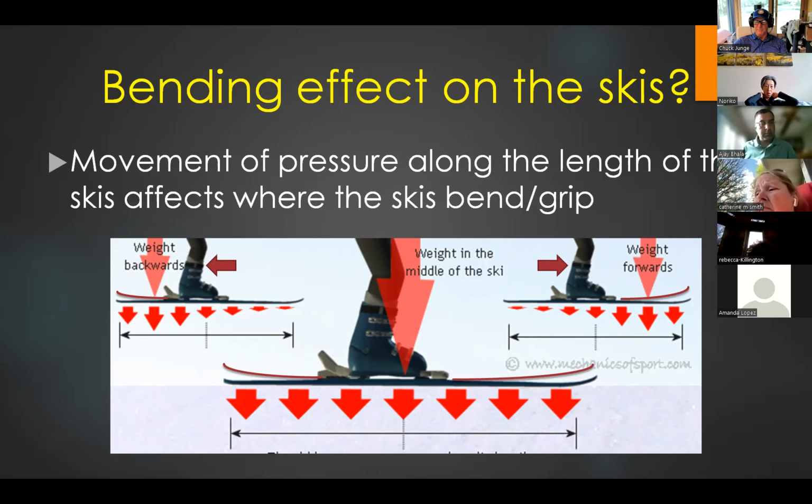You're going to be bending it more in the back, so pressure moves back towards the heel a little bit so that you can bend and effectively grip the snow with aft pressure at the end of the turn. And of course, if you have the weight right in the middle, around the apex, the skis would effectively bend uniformly from tip to tail. That's what those red lines are for.